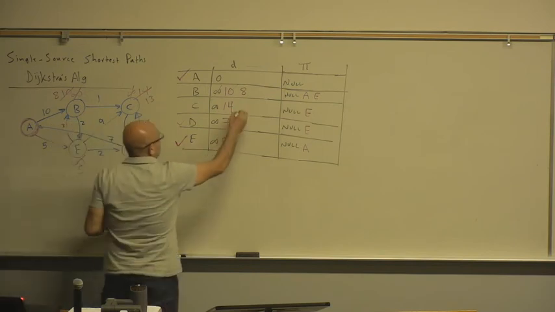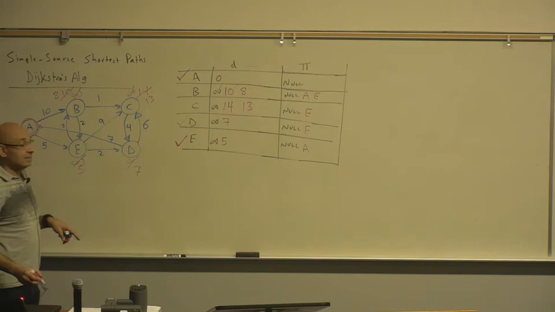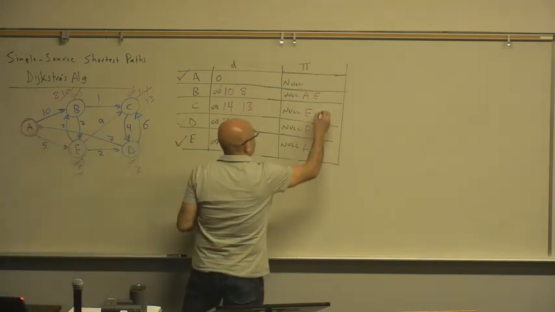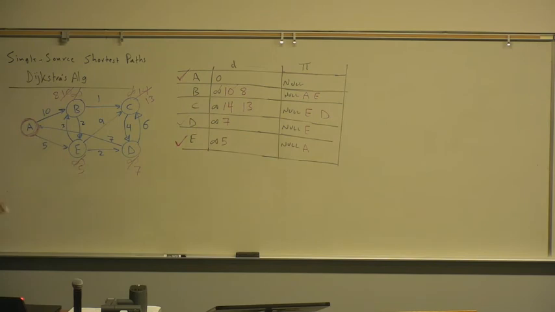So C is now 13, and it now has a new parent, which is D. Now A is already out. It's already done. So I don't update anything. Okay? So now I have updated the neighbors of D.